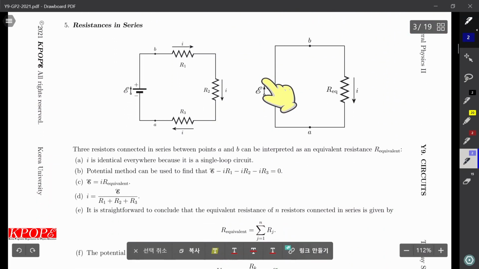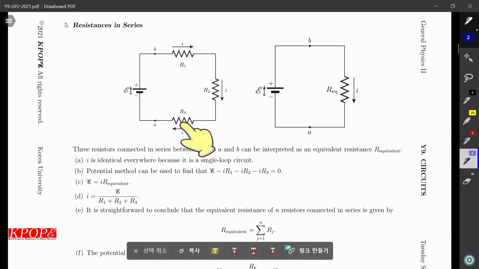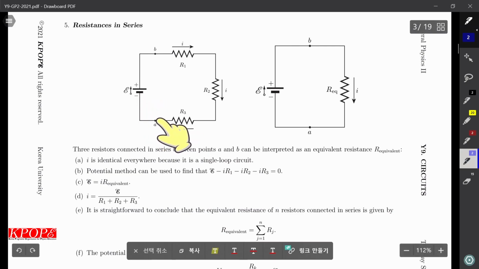Resistance in series. We use the same rule to find the current in a single loop circuit consisting of an EMF device and 3 resistors. If we repeat the same computation from this point A, the potential is VA at this point.